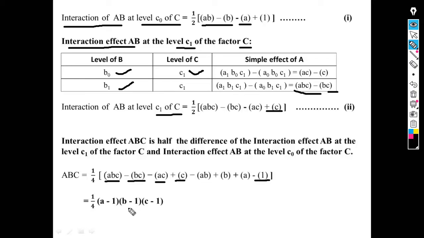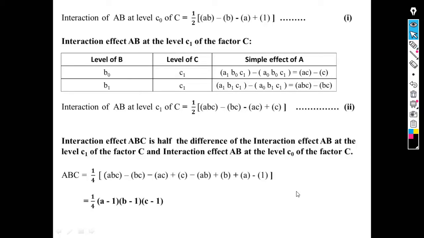So this term can be written as 1 by 4 (A minus 1) into (B minus 1) into (C minus 1). When we solve these three brackets, we get these terms. So the interaction effect ABC is half of the difference between equation 2 and equation 1. We get this 1 by 4 (A minus 1) into (B minus 1) into (C minus 1).